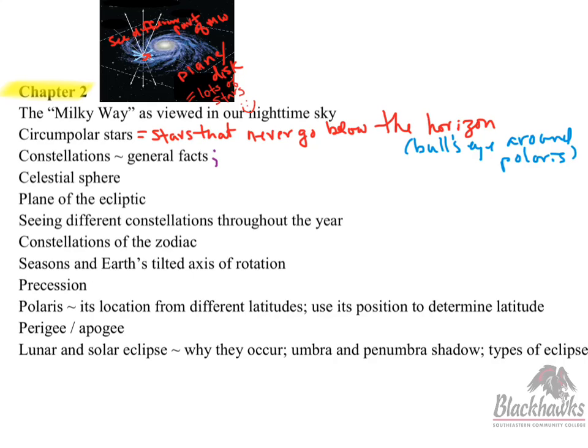Okay, so constellations, general facts. One of the things I said in lecture is to know that over time, we have chopped up the nighttime sky, the stars in the nighttime sky, into 88 sections.